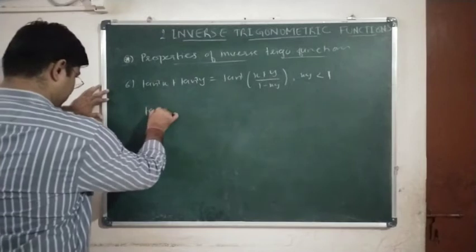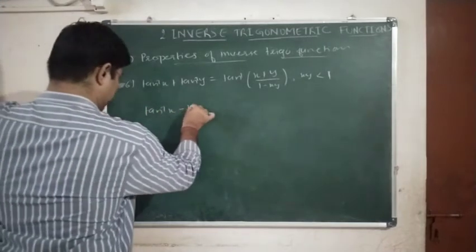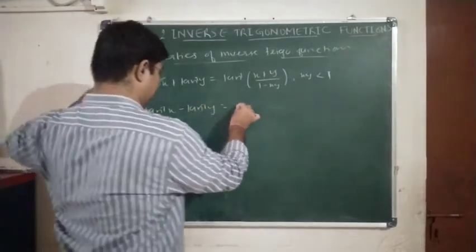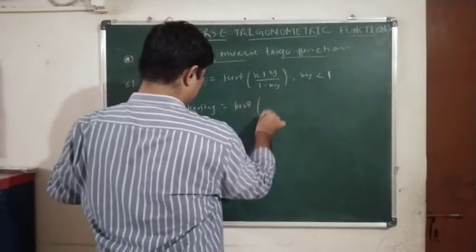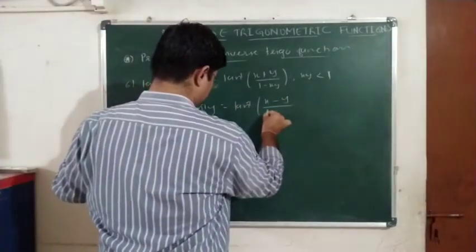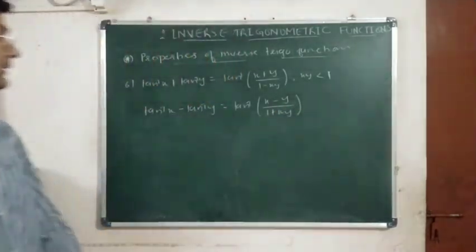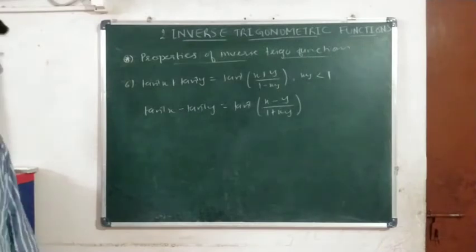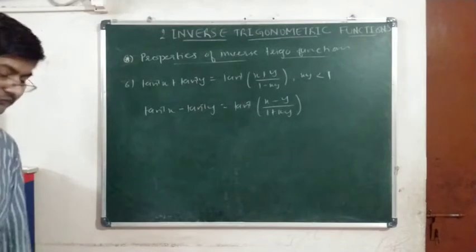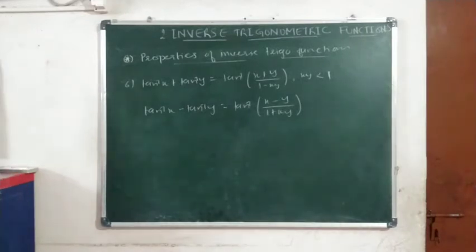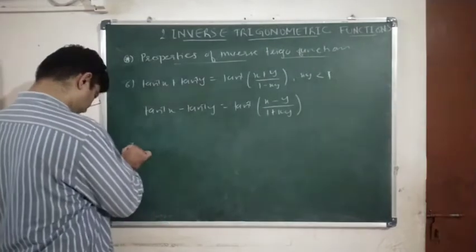Second one is tan inverse x minus tan inverse y is equal to tan inverse of x minus y upon 1 plus xy. Yes or no? So this is property number 6. Now property number 7 we will see. Okay, let us look at the next property, property number 7.